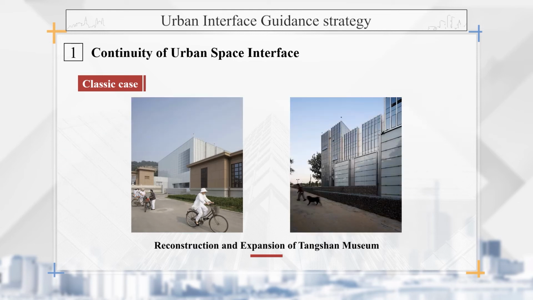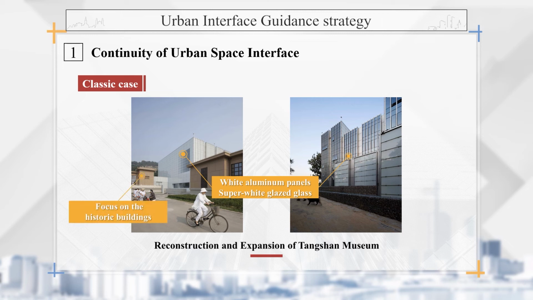In the new section, the architects use modern materials such as white volume panels and super white glazed glass, which both widens the age distance from the old building and weakens the volume of the addition, thus highlighting the historical building.